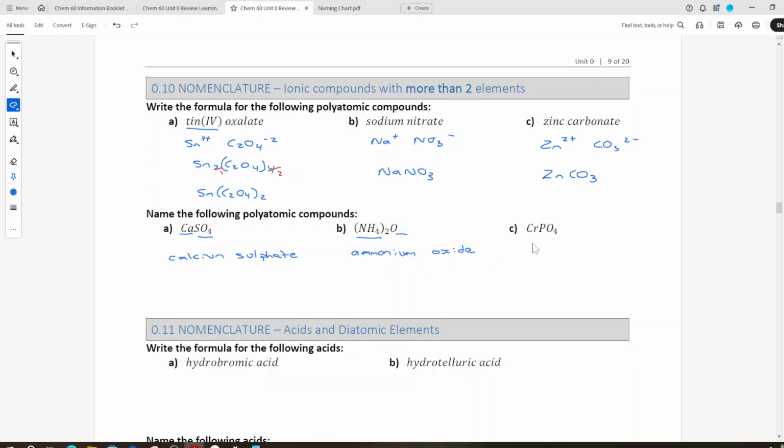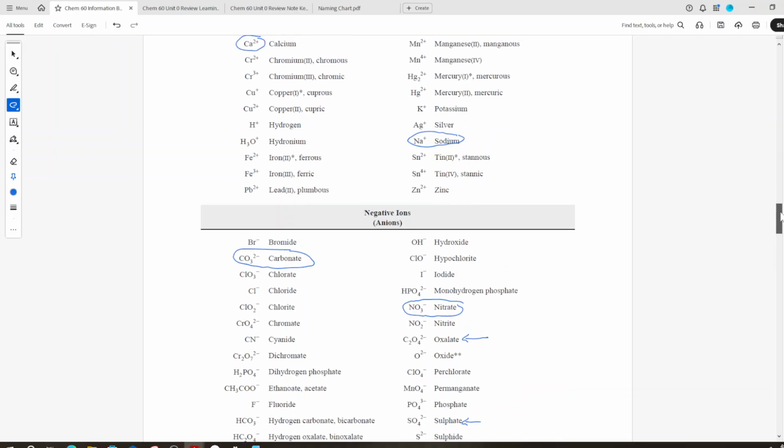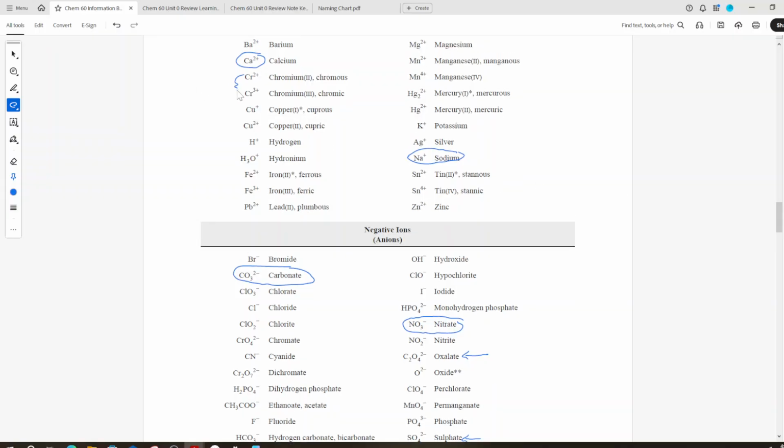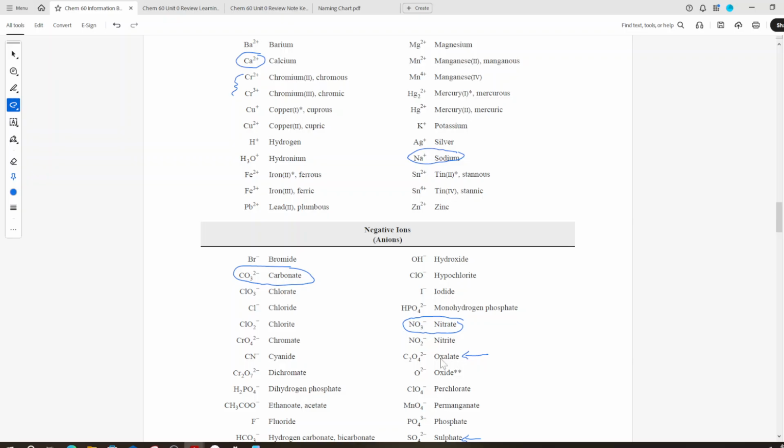Okay, and then last one, Cr. Is Cr chromium? Yeah, chromium. When I look at chromium right here, I can see that chromium has more than one combining capacity. It can be chromium 2 or chromium 3. So let's look at what it's with. It's with a phosphate. If I look at phosphate down here, it's a 3-.